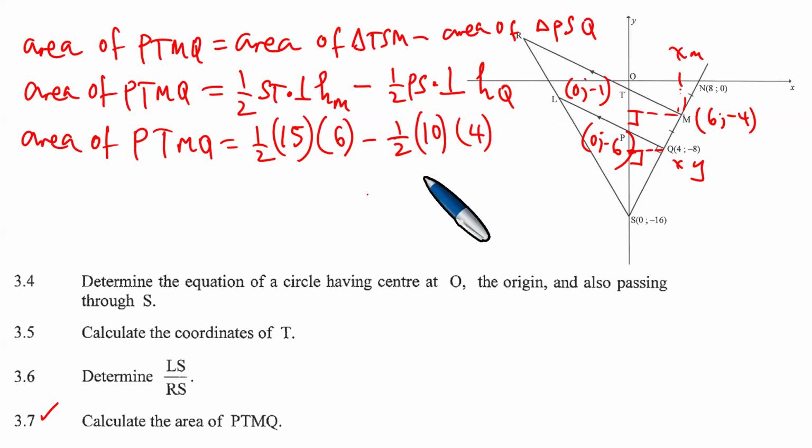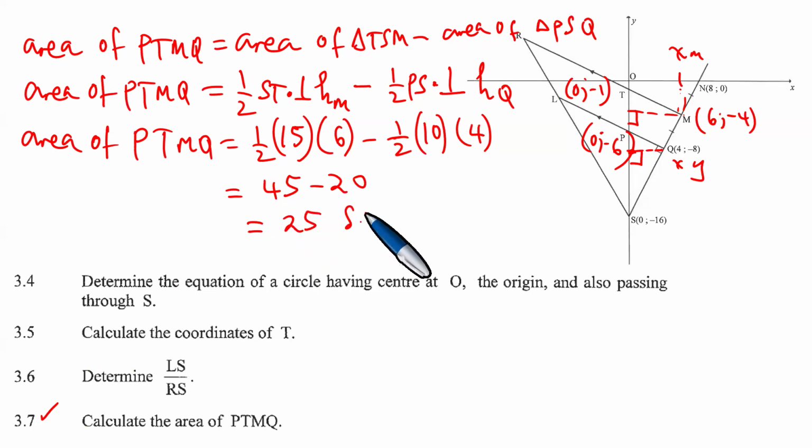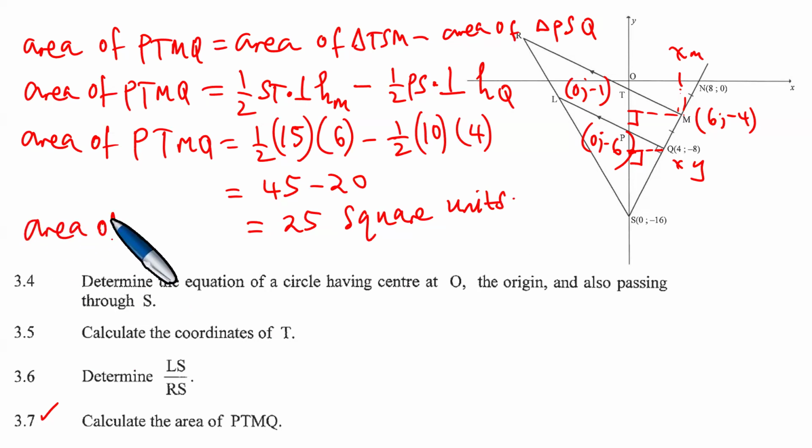Then we multiply everything, getting 45 minus 20, which gives us 25 square units. This gives us the area of PTMQ.